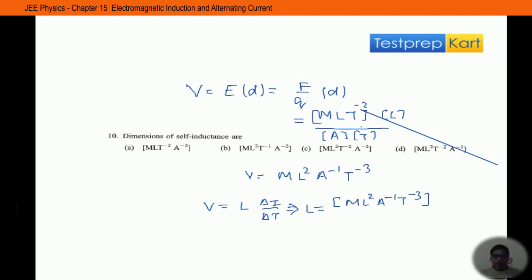If we do mathematical manipulation, it is T, and dimension for current is A in denominator. So final dimension for inductance would be M L square A to power minus 2 and T to power minus 2. Okay, so this is option number C. So option C is right here in question number 10.